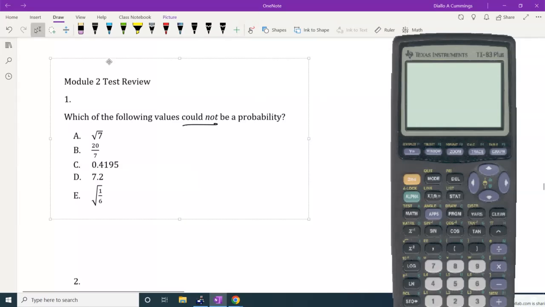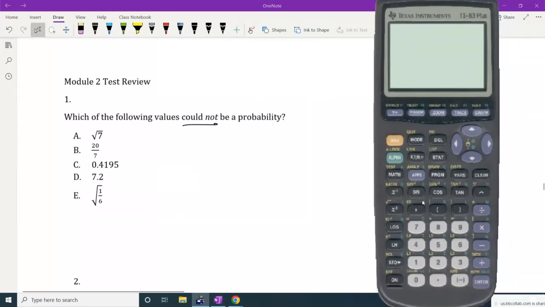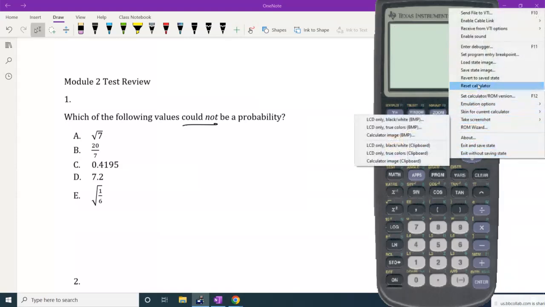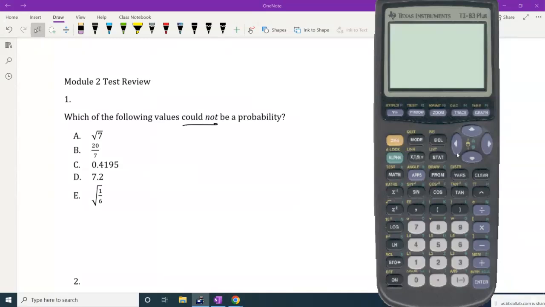Okay, so if we take a look at the very first answer choice, square root of 7, I'm just going to decimalize all of these things. So if we evaluate the square root of 7, that's 2.64, which exceeds 1.